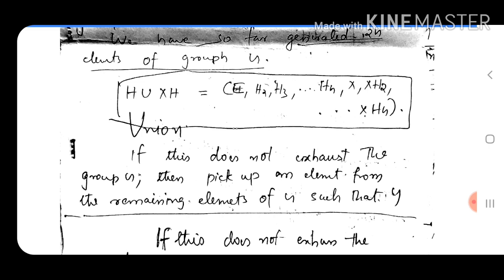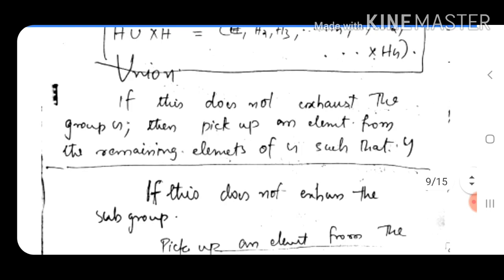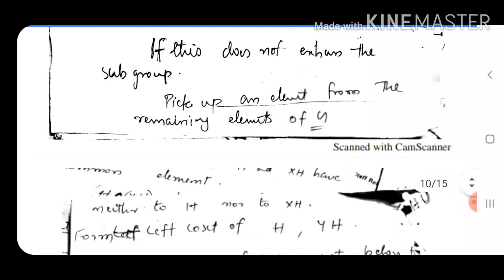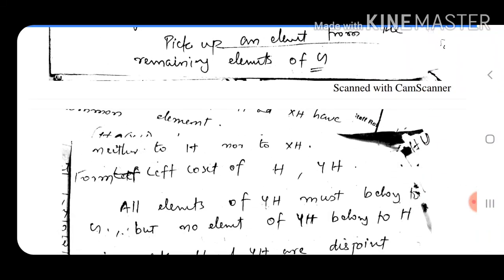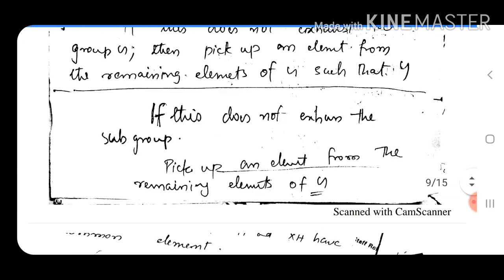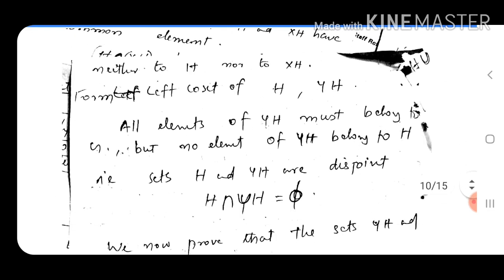Then what we do is we pick up an element Y from the remaining elements of G, such that Y does not belong to H nor does it belong to XH, the coset we formed earlier. So we are getting new elements, YH.